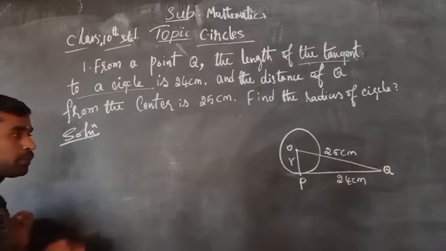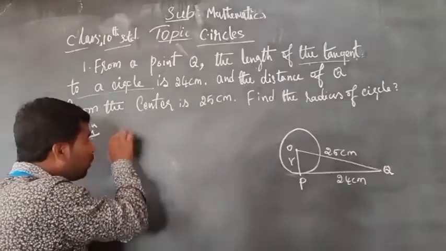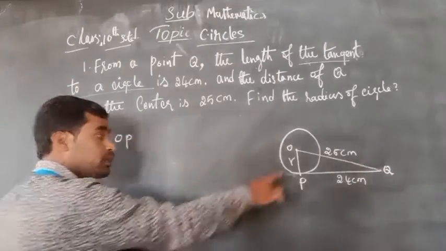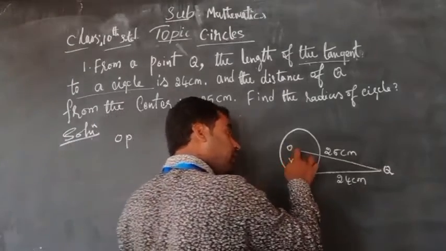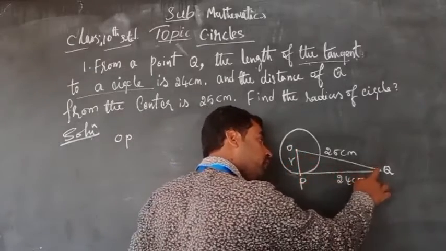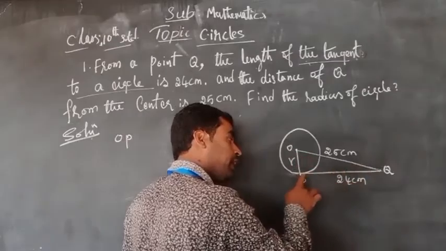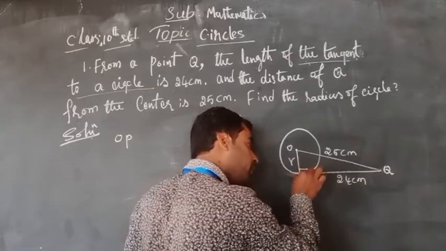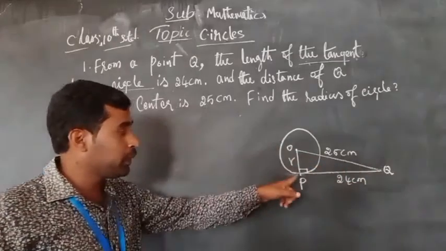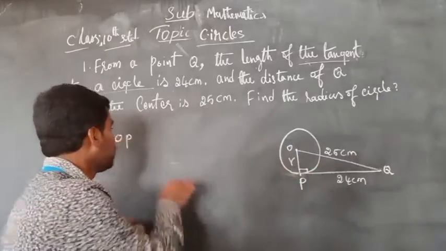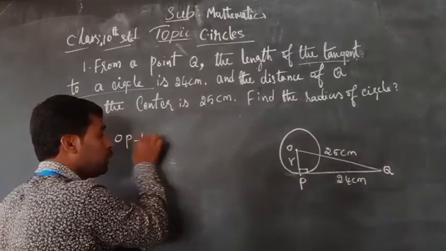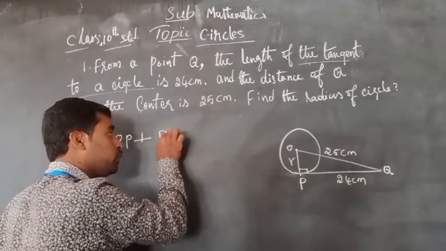Here you can observe that OP is the radius. The radius is perpendicular to the tangent at the point of contact. Here P is the point of contact. So OP is perpendicular to PQ.